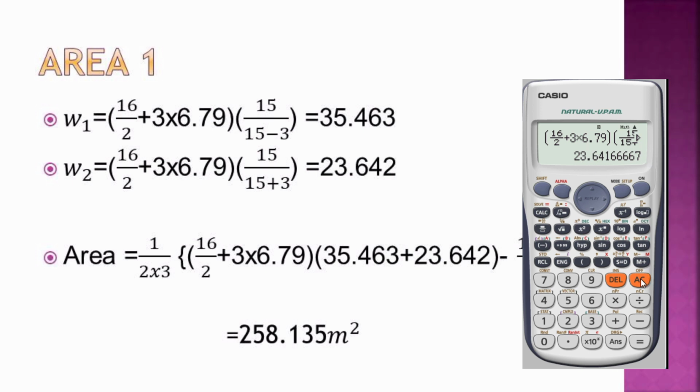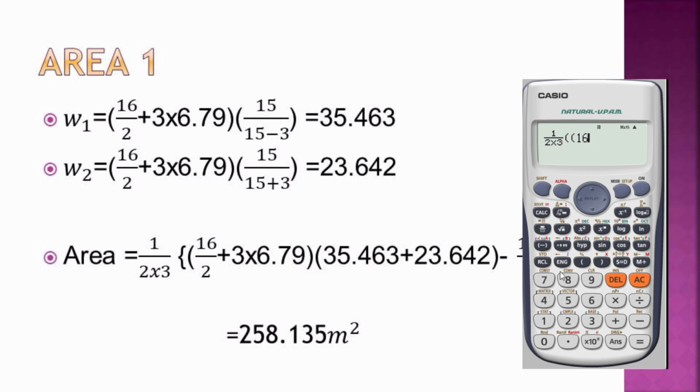So the scientific calculator, when you input these values, they go directly. So my answer becomes 23.642.